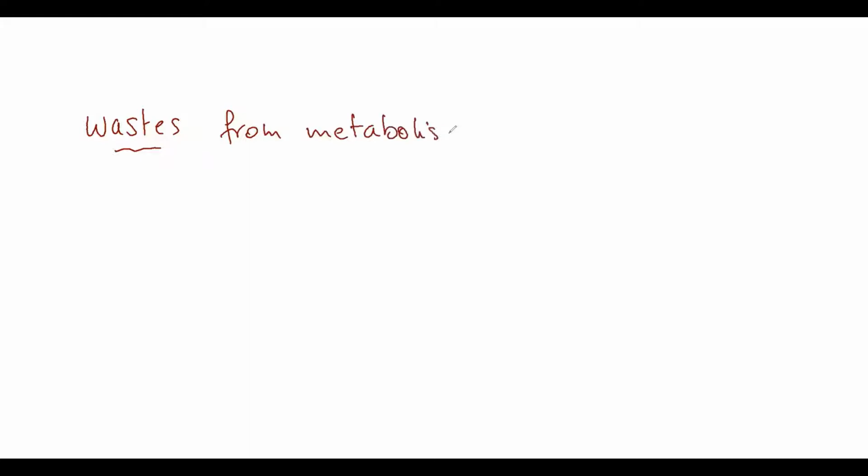So what is metabolism? Metabolism is a collection of chemical reactions that happen inside the cell, and the most important metabolic reaction, of course, is respiration. For every metabolic reaction that happens inside the cell, there must be a byproduct, or we call it a waste.